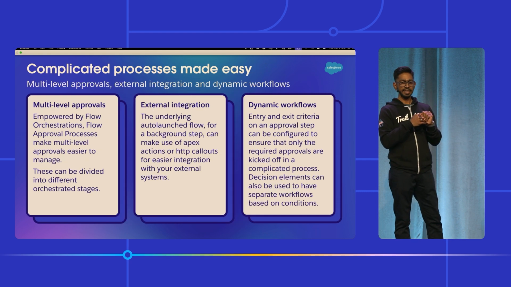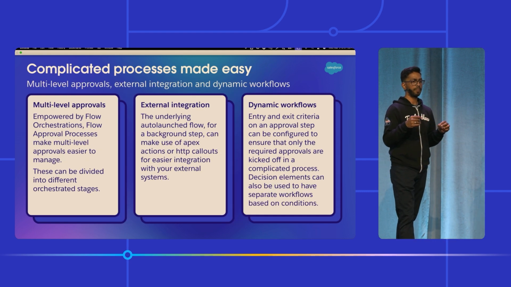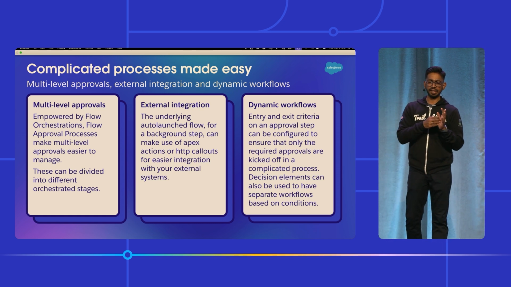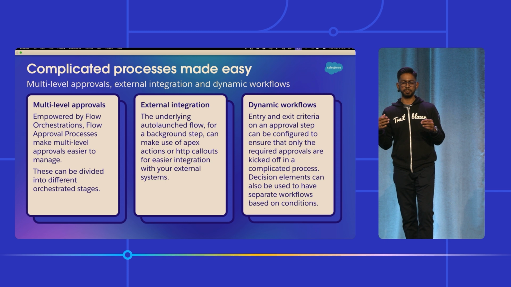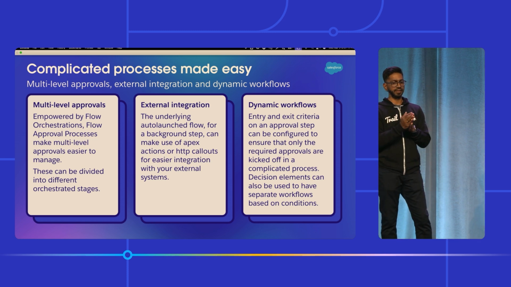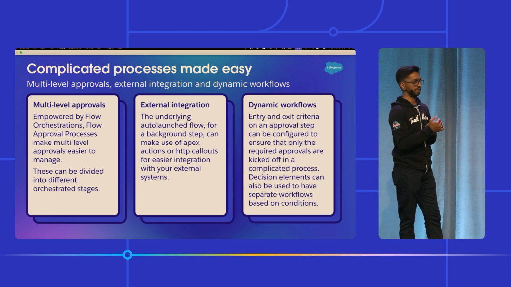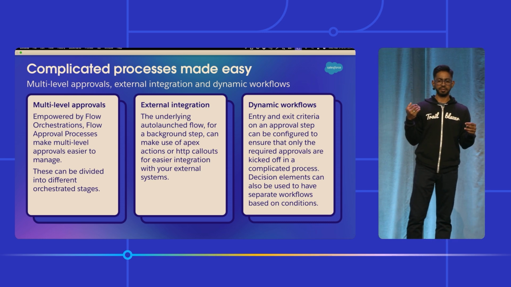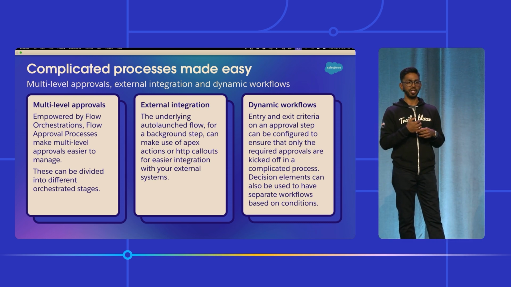And the main goal of using flow orchestrations behind approvals is that you can have a complicated process made very easy with approvals, be it multi-level of approvals, external integration, and also dynamic workflows. Say you've got multi-level of approvals for a very large deal.